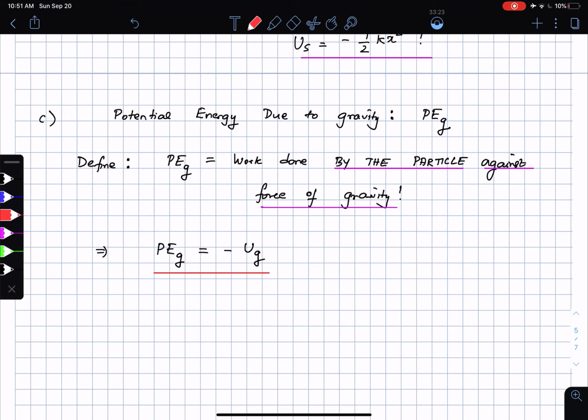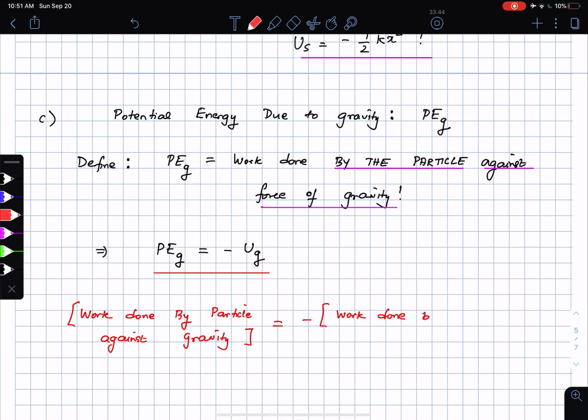So this essentially tells me the following: the work done by the particle against gravity is equal to the negative of the work done by the force of gravity on the particle.